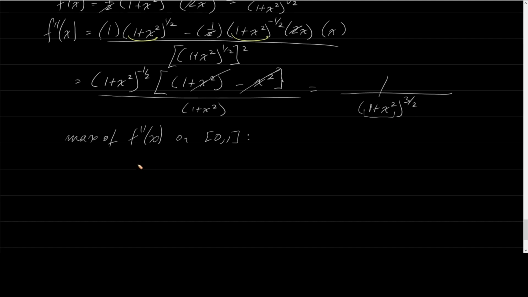Let's say, for example, consider x being equal to 1/2. Then this fraction, 1 over (1 plus (1/2) squared) to the 3/2, is going to be less than if I just had 1 over (1 plus 0 squared) to the 3/2.